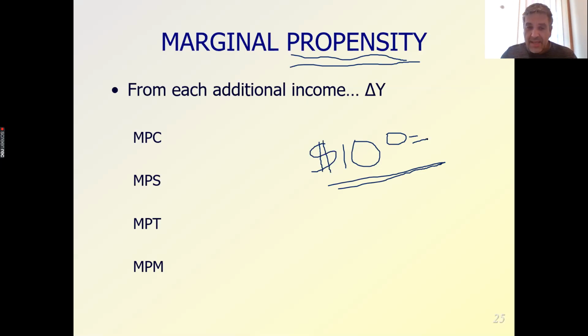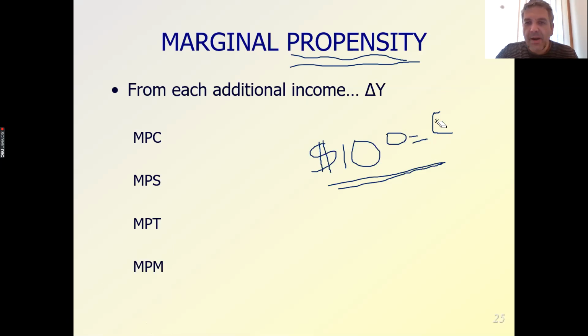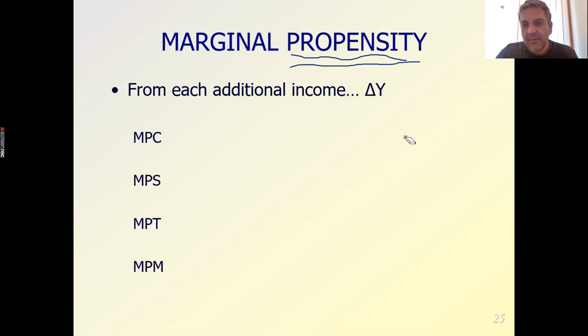So the extra $100 that you are receiving will be used for consumption 100%. So we may say the 100% is going to go for consumption. However, some of you may say, I'm not going to use the $100, I'm just going to use part of it.